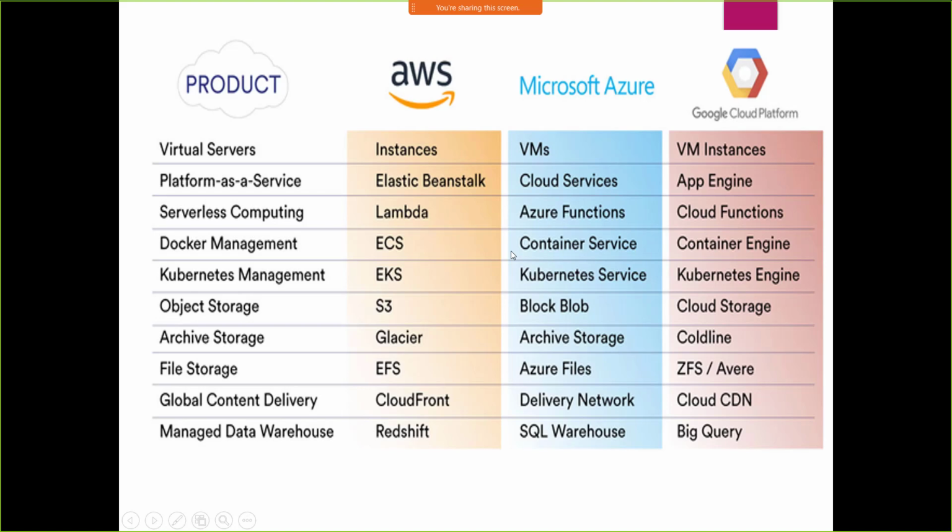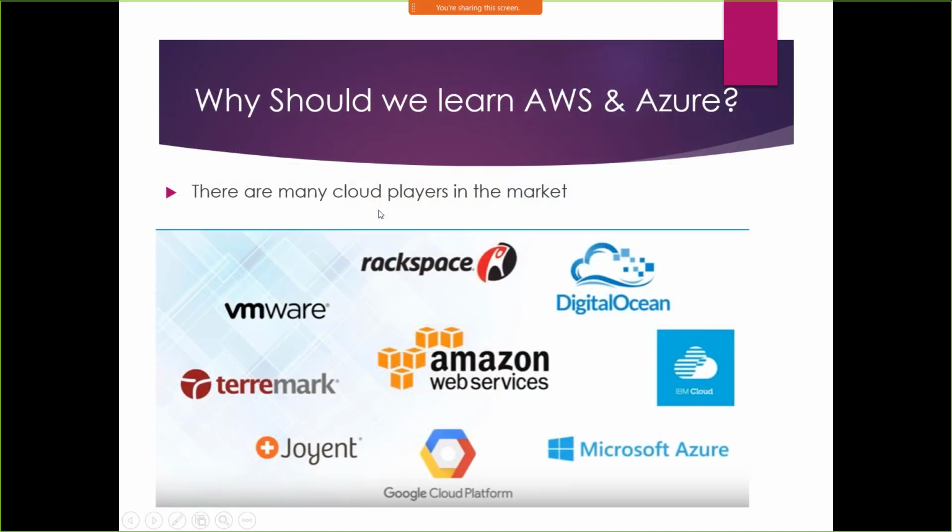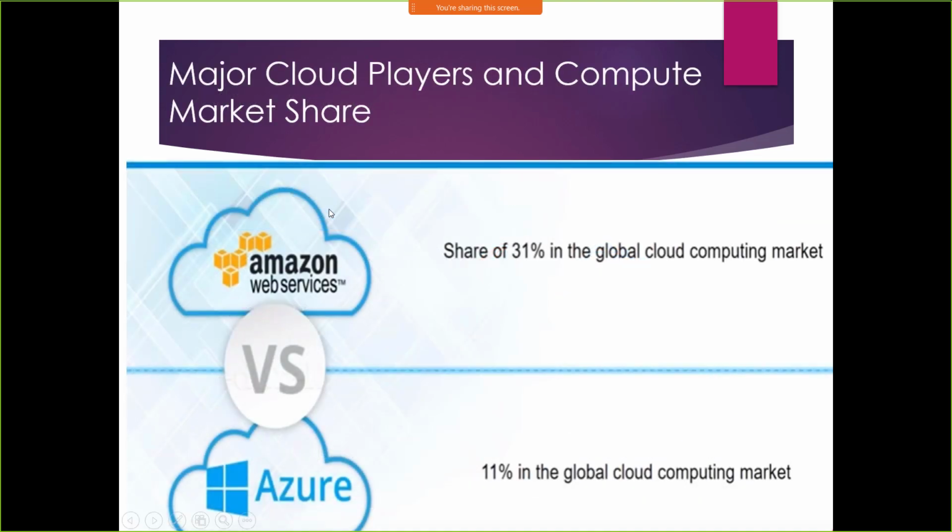But let's go towards the exam itself, what our strategy is. There are other cloud providers as well, but we're talking about the top: Amazon AWS, Azure, and Google Cloud. Suppose your boss asks, hey, which cloud should we go for?